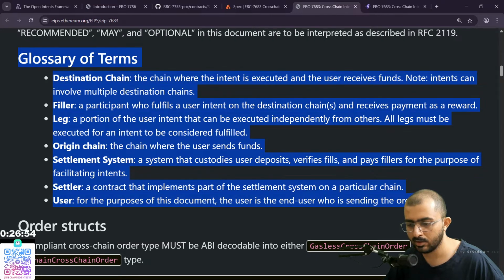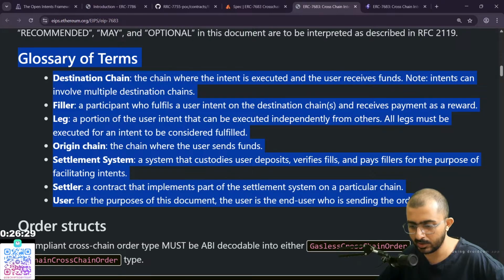Next, origin chain. Okay. It's the chain that the user is using right now. Settlement system, a system that custodies user deposits, verifies fills, and pays the filler for the purpose of facilitating intents.